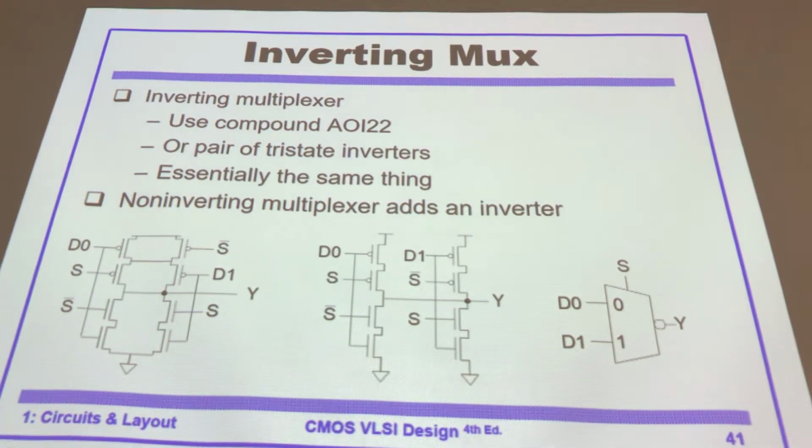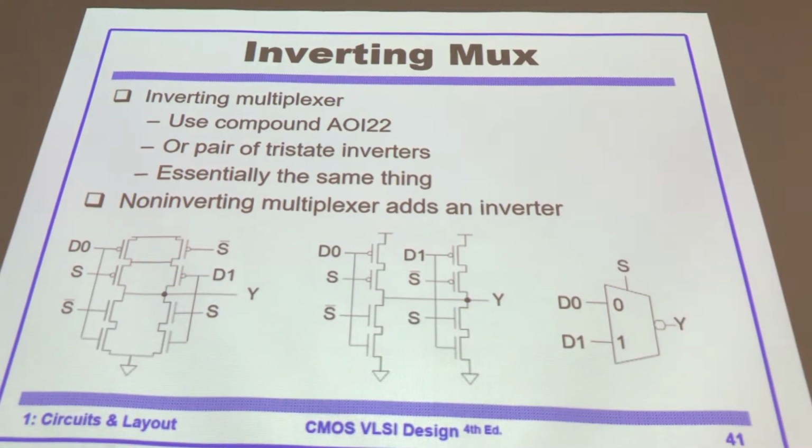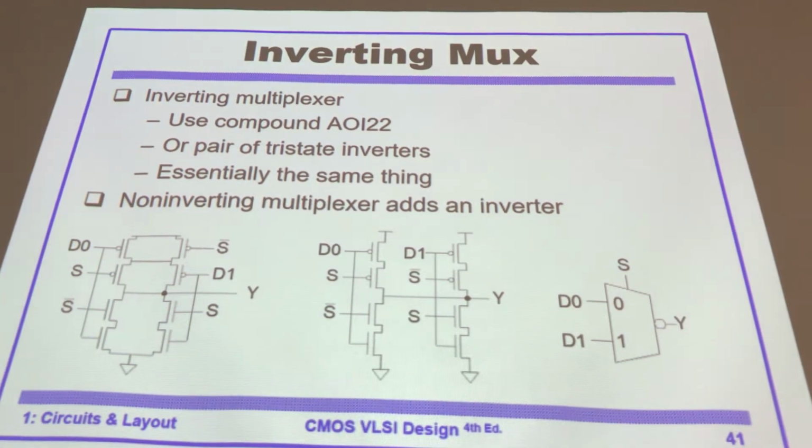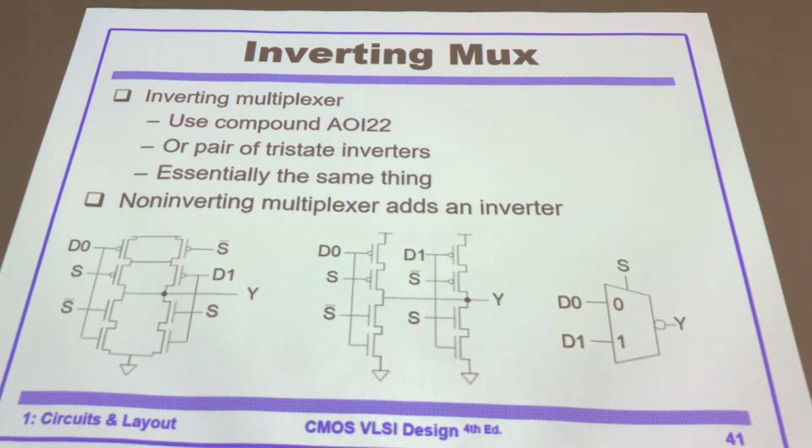The only difference is that the output is inverted. But why do we need inverting here? Because as I said, in many cases inverting output is simpler, just like NAND gate and AND gate, right?